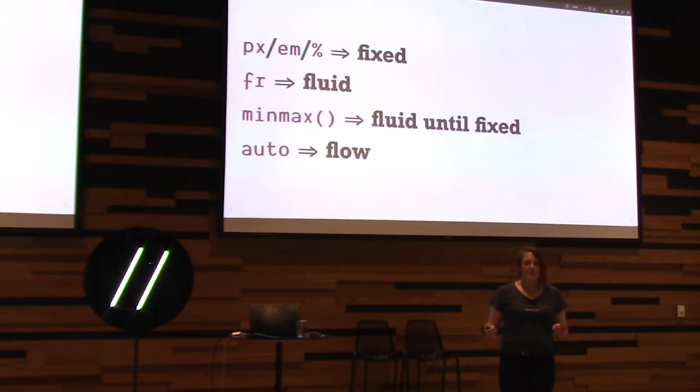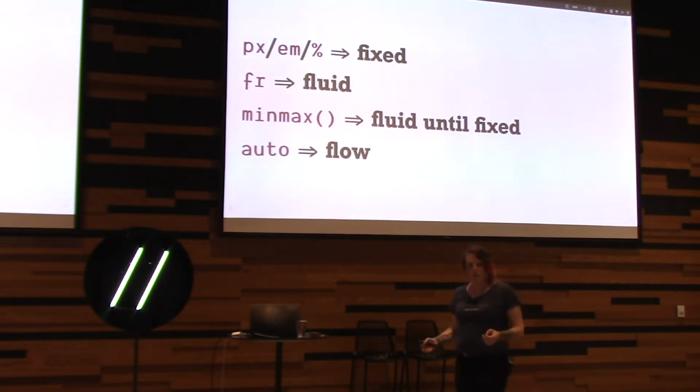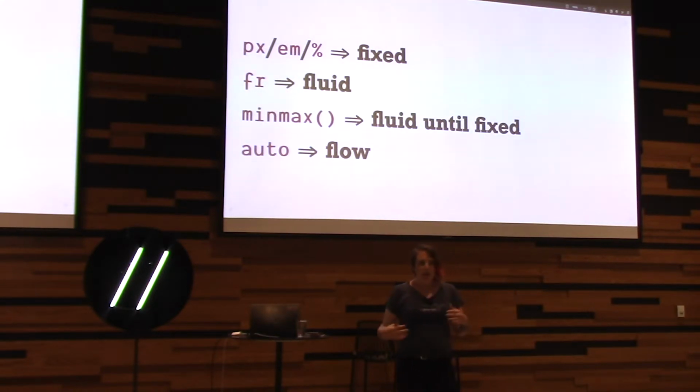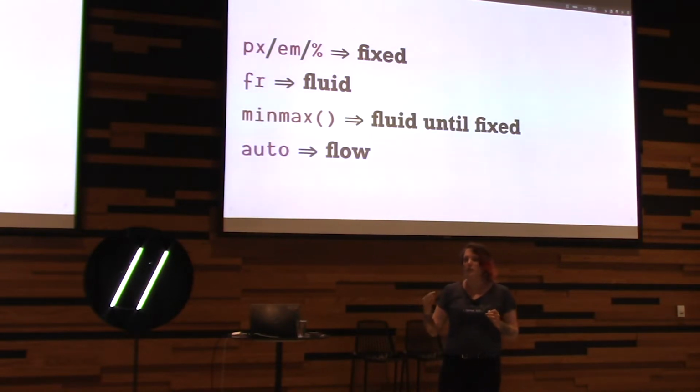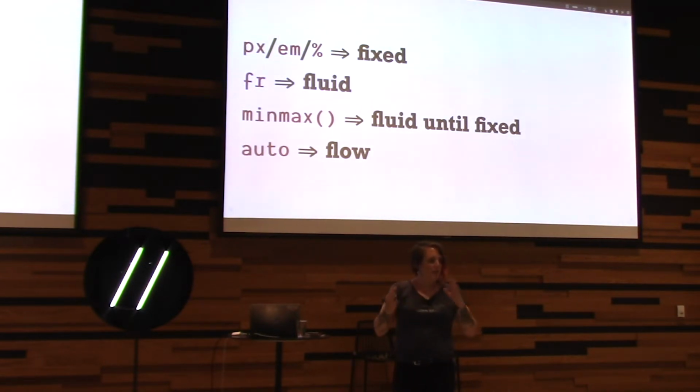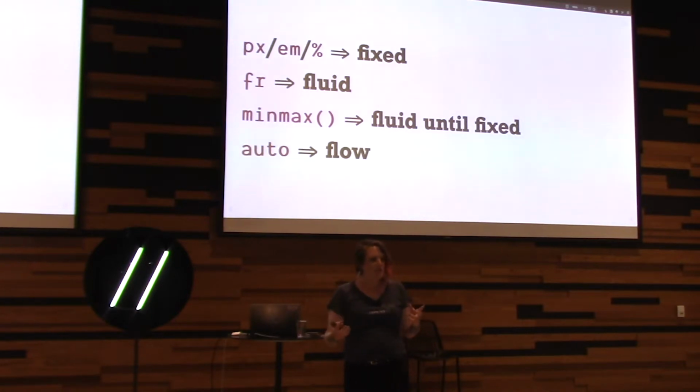So thinking about fixed and fluid, pixels, ems, and percents, and this might be shocking, are fixed. Percentages we've always thought of as fluid, but as far as the browser is concerned, that's a pixel value. It's just a pixel value that has to be calculated on the fly, and that's it. Fraction units are similar to Flexbox grow and shrink, which don't have any units.